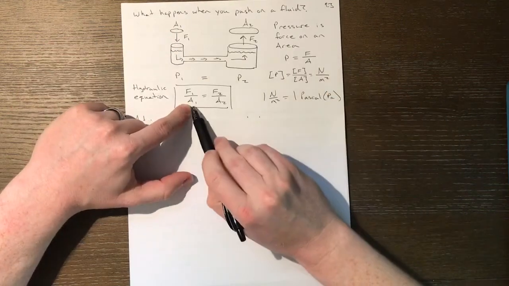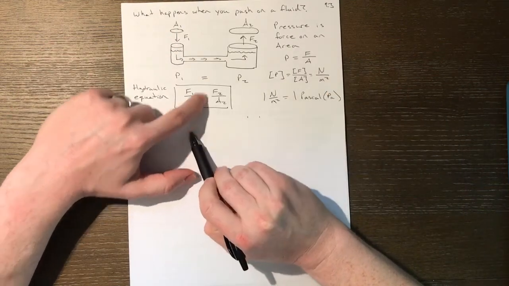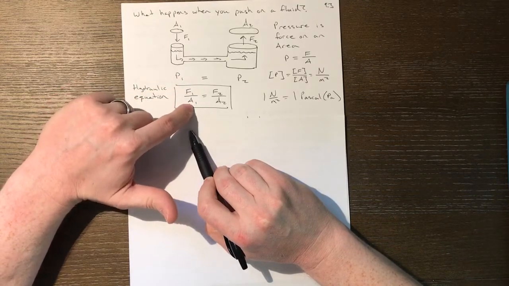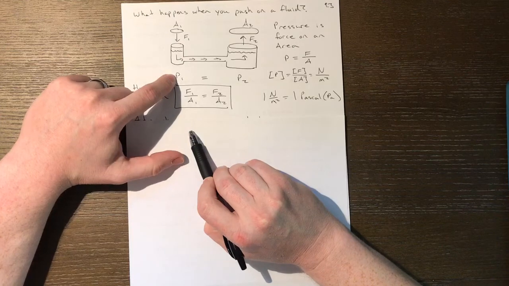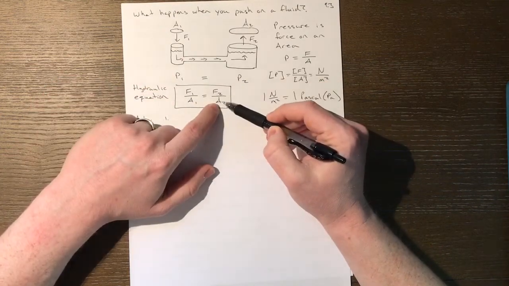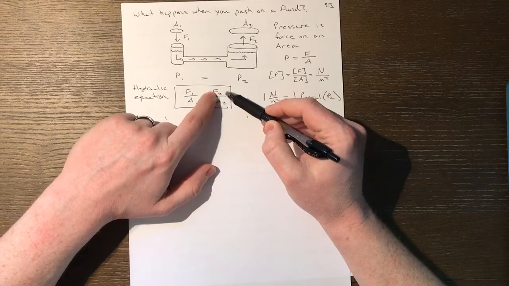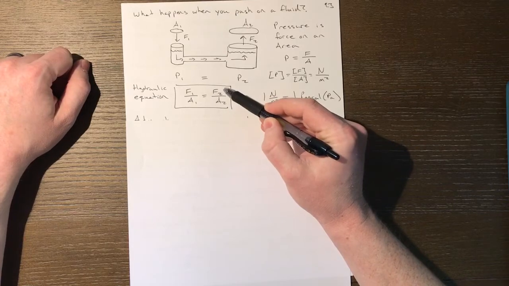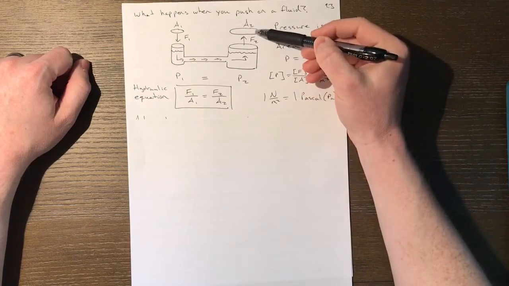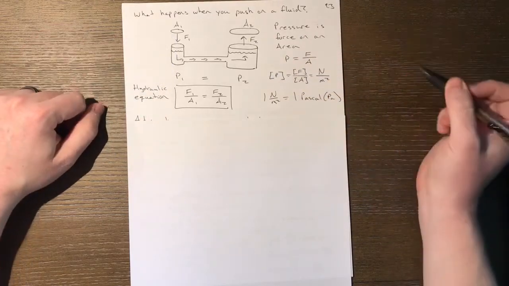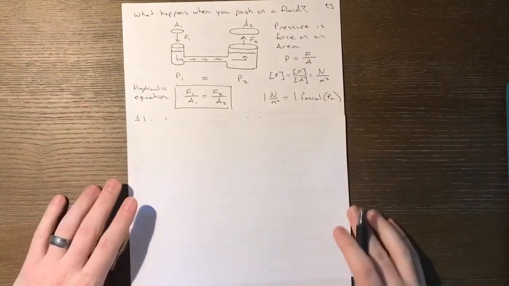You divide by a small number, a small area, it makes the overall number very big. You divide by a small area, you get a big pressure. Well, if we've got a big pressure and a large area, we need a large force. And so you actually get a very large force out of your second area, if it is bigger than your first area. And we'll work some examples to see that in action, of course.